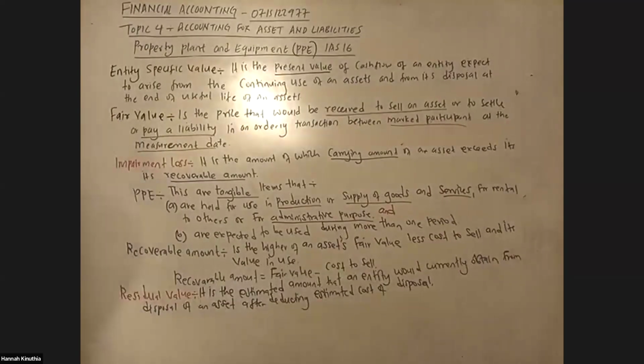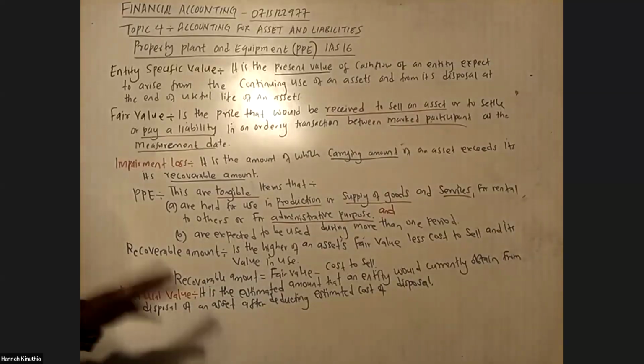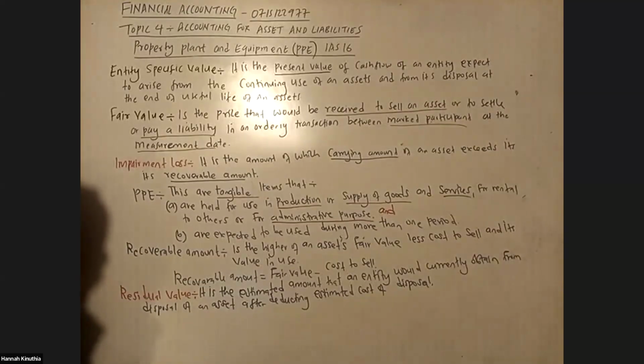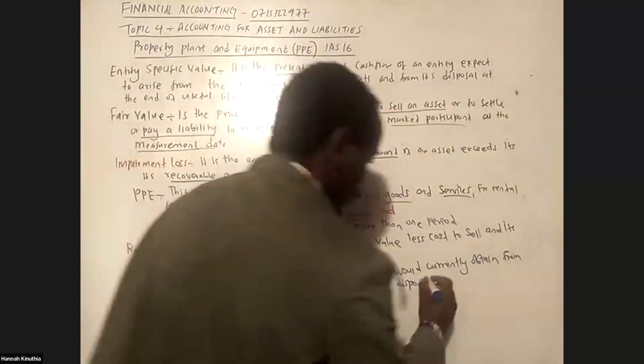So that's what we mean by the word residual value. It is the expected amount that an entity would obtain from the disposal of an asset after deducting the cost of disposal.